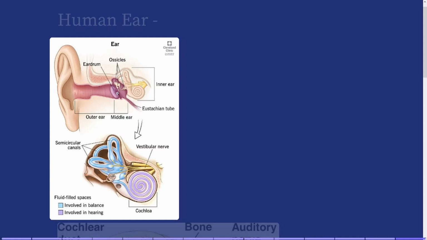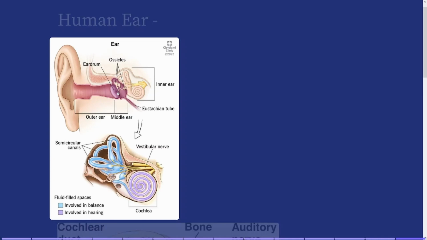Now the function of the ear ossicles is that they increase the efficiency of transmission of sounds. The tympanic membrane is a connective tissue covered with skin on the outside and mucous membrane on the inside. This also helps in increasing the efficiency of transmission of the sound.